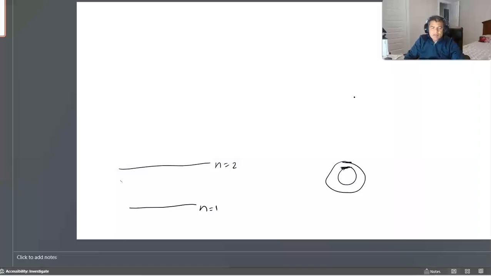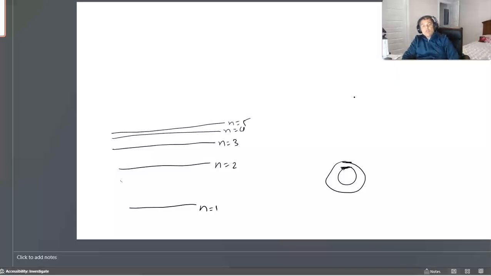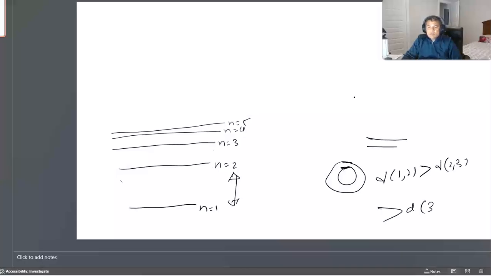For my convenience I am drawing the lines. This is n equals 3, this is n equals 4, this is n equals 5. Look at what we are learning. The distance from n equals 1 to n equals 2 is larger than from n equals 2 to n equals 3, and the distance between levels keeps decreasing. The distance between first and second is greater than between second and third, which is greater than between third and fourth.